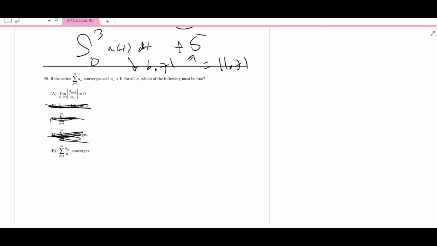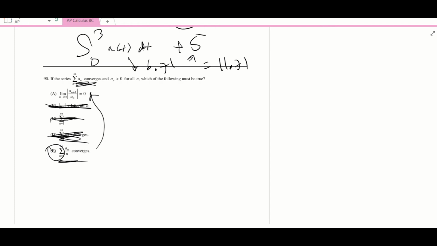Well, this is much stronger than this one up here because this is always less than this. So by the comparison test, this converges. So E is much stronger than A. And for the ratio test, it doesn't require the limit to be 0.